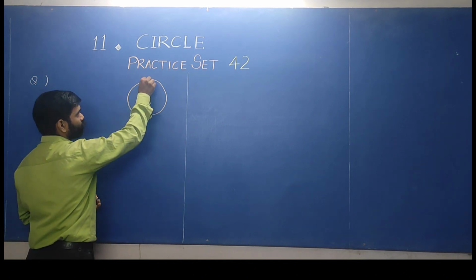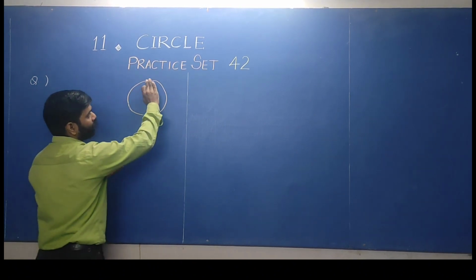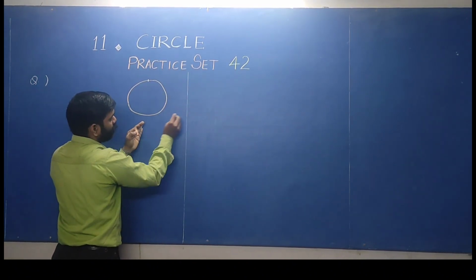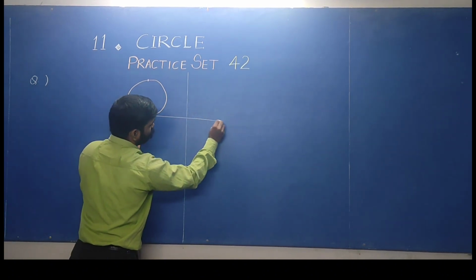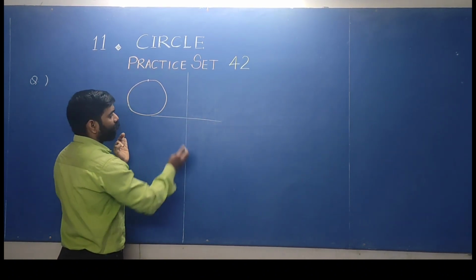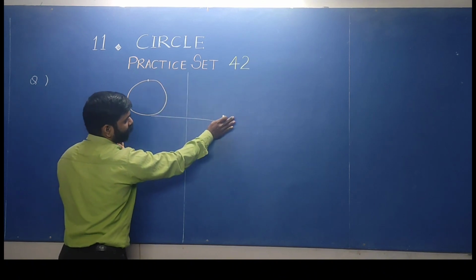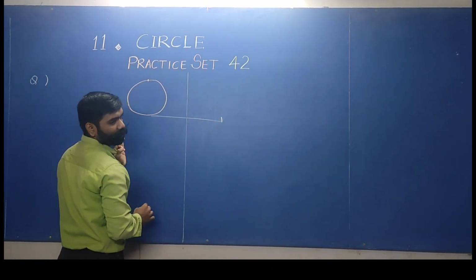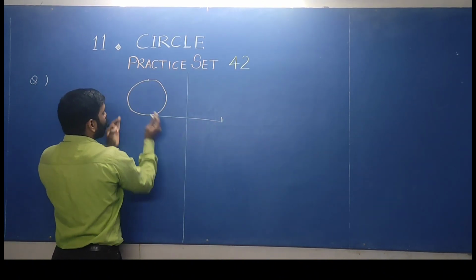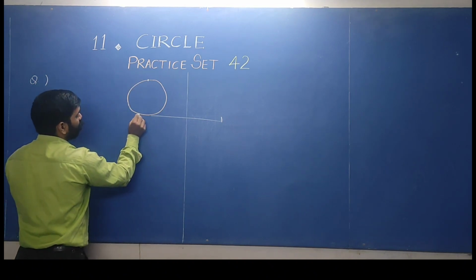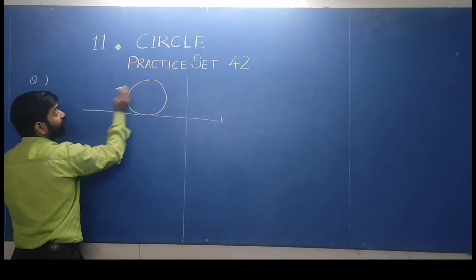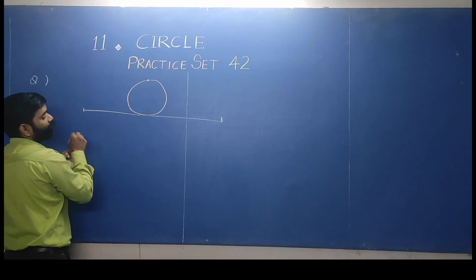If I cut this wheel from this side and straighten this part, I will get this much distance, and the remaining part on the left, if I straighten it, I will get this much distance.